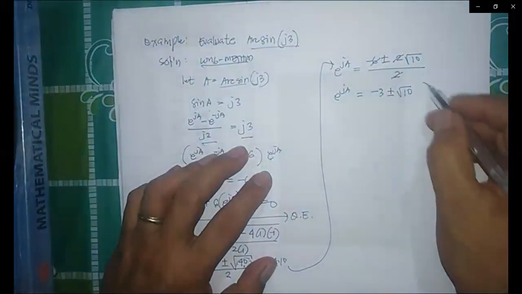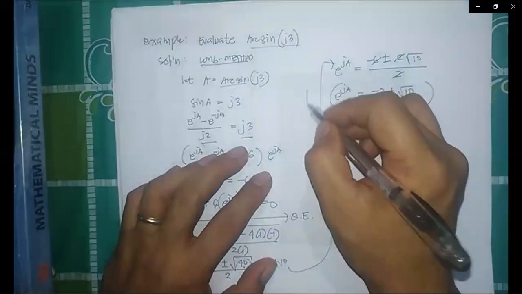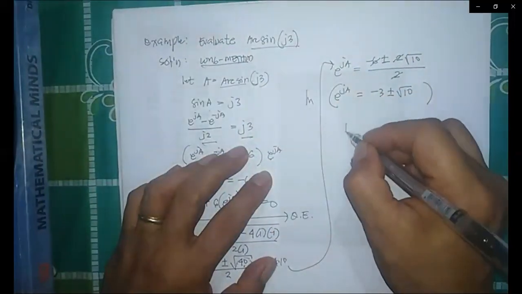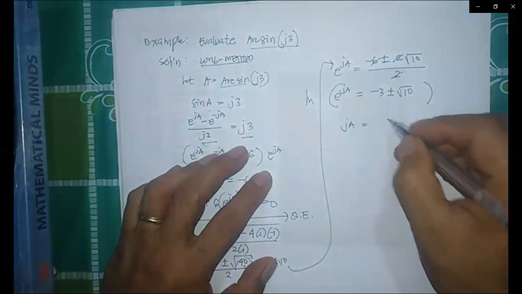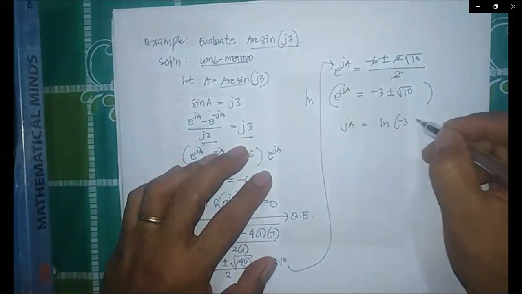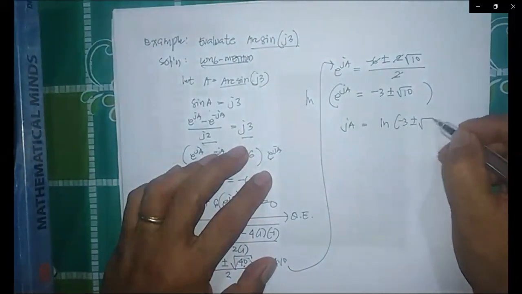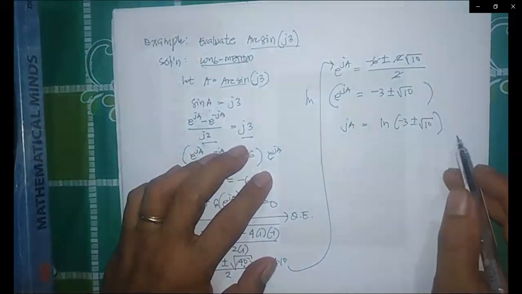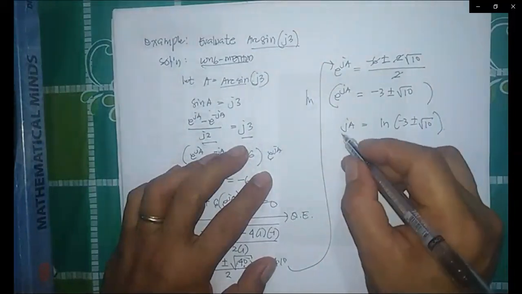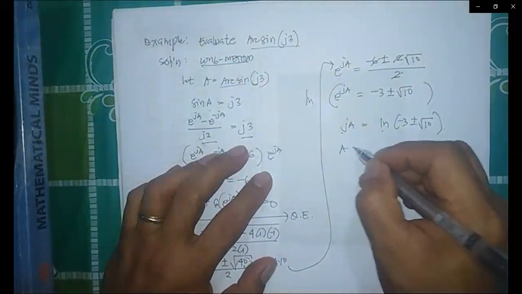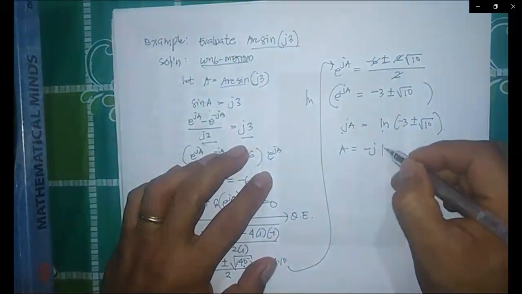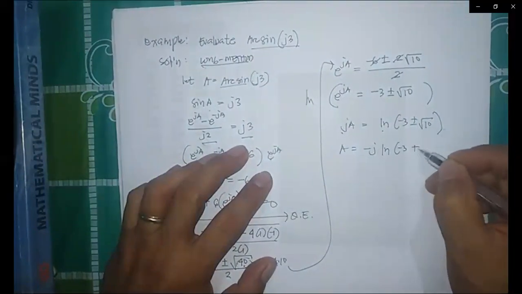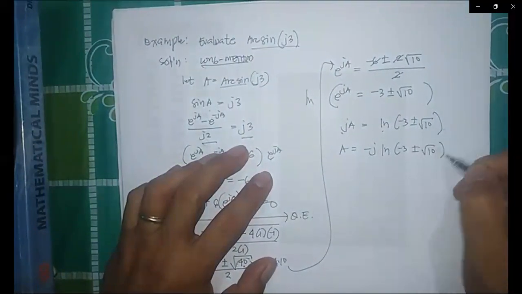The goal here is to solve for a. So we are going to take the logarithm of the whole equation. That will become ja equals ln of negative 3 plus and minus square root of 10. Now if we divide the whole equation by j, that is just equal to minus j multiplied by ln of negative 3 plus and minus square root of 10.